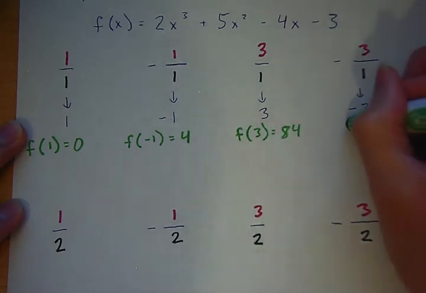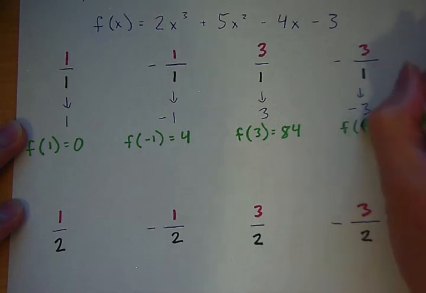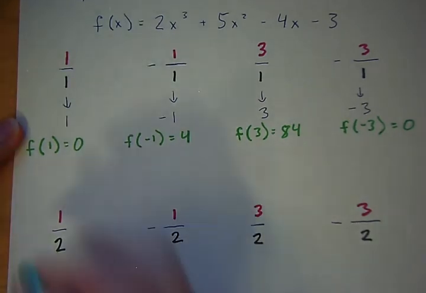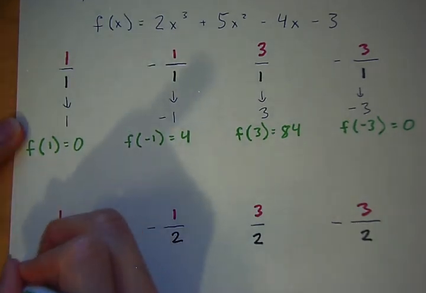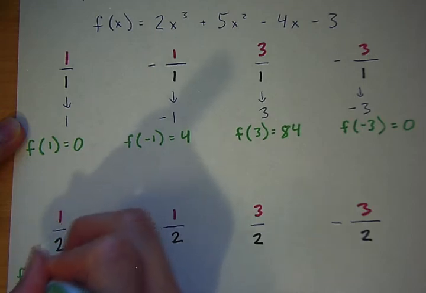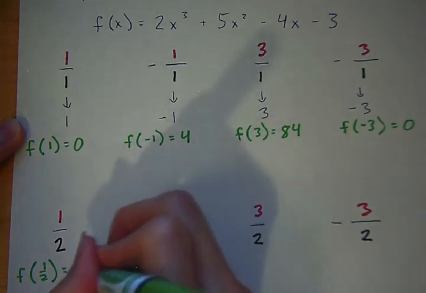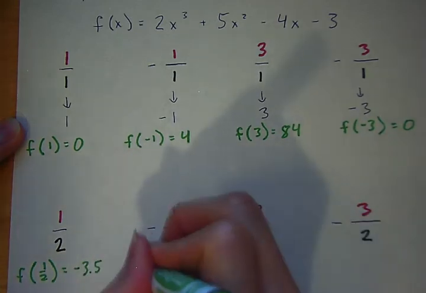If I replace all the x's with negative 3, y would equal 0. Same thing with these. If I replace all the x's with 1/2, y would be negative 3.5.